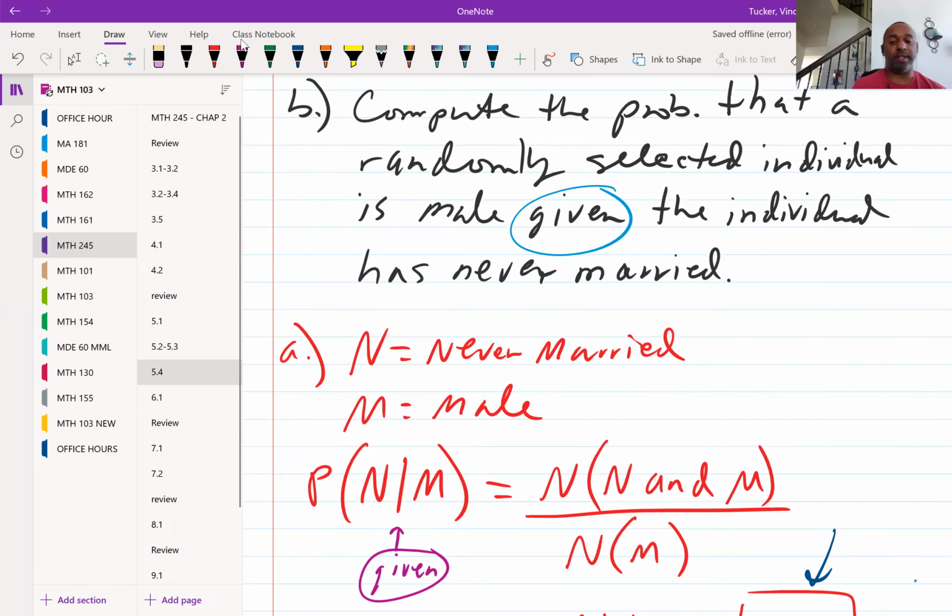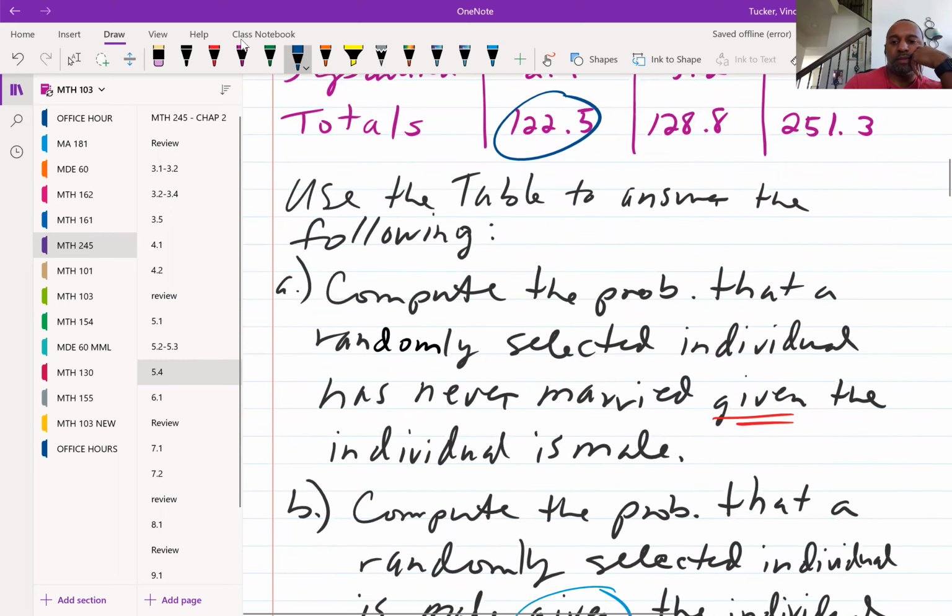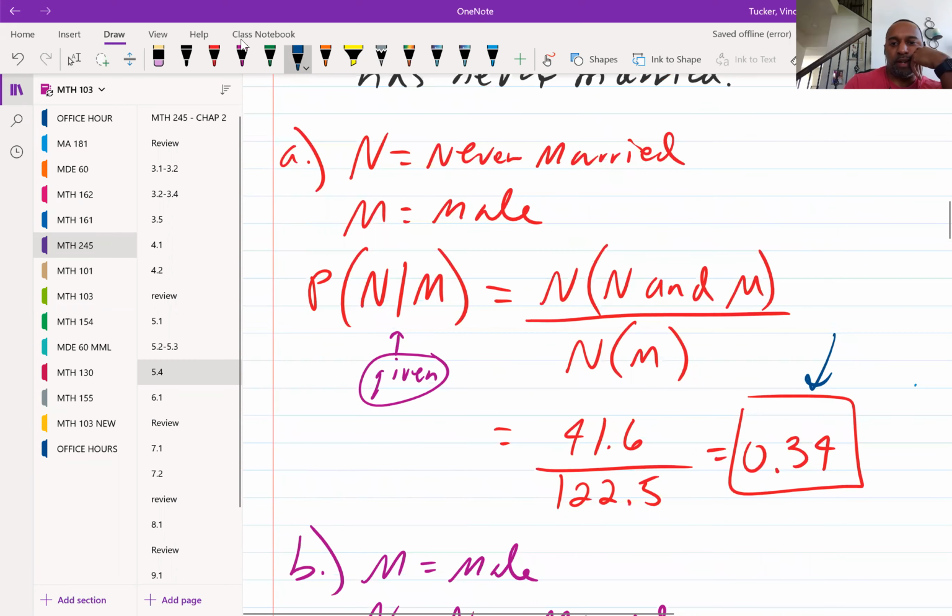We want to know the probability of N occurring given that M has already occurred. So I need to find the number from the chart of those that are never married and male, and then the total number of males. If you go back to the chart, never married and male is right here, and the total number of males is right here. So that's what we have, 41.6 over 122.5.